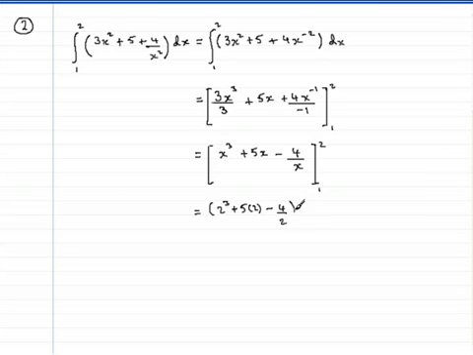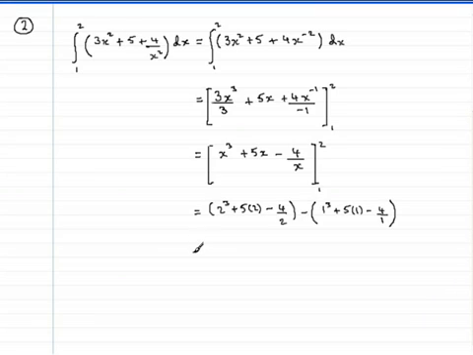And that's that one. Minus, and then we put the 1 through. So we have 1 cubed, and then 5 times 1, and then minus 4 divided by 1.